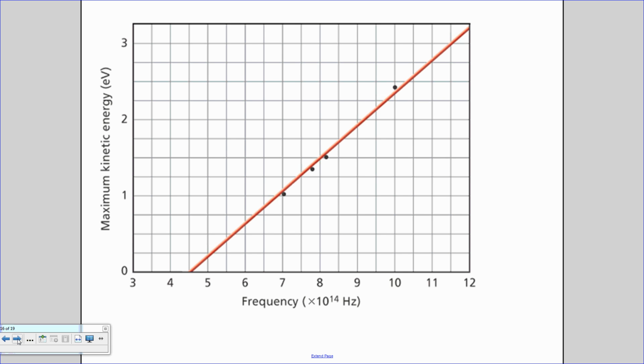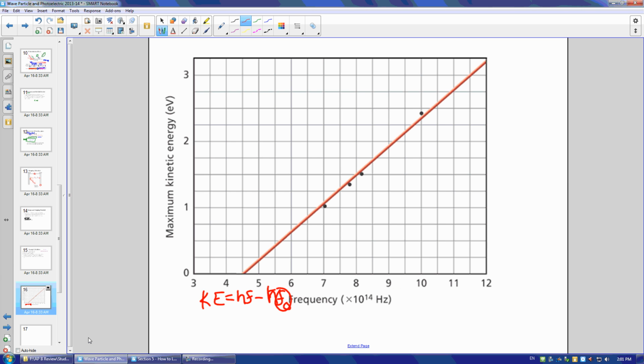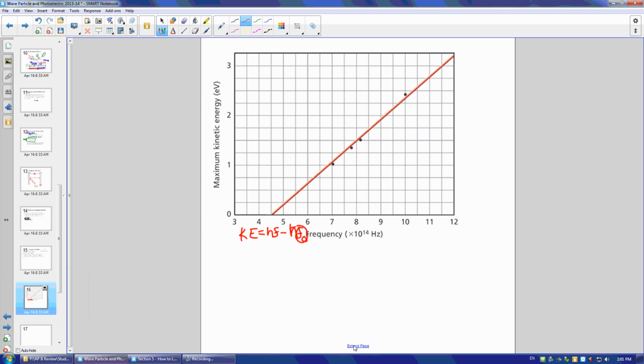The cutoff frequency is basically where the incoming light and the kinetic energy, let me write it out here. Kinetic energy equals hf minus hf naught, right? So if I'm looking for this, then where my kinetic energy is 0, hf is going to equal hf naught.